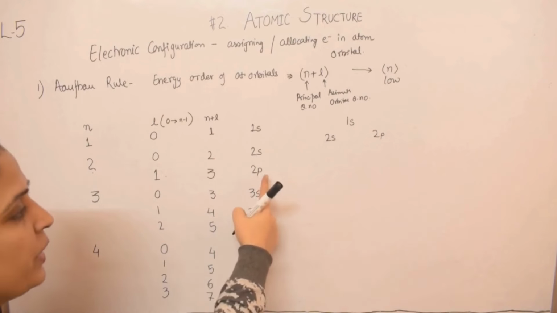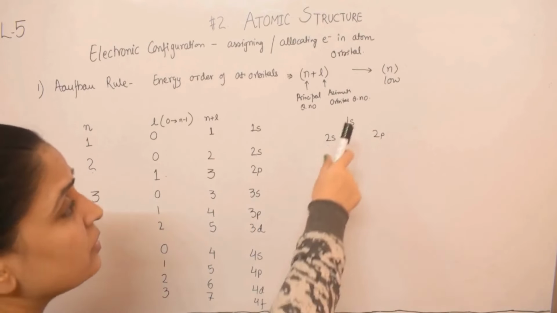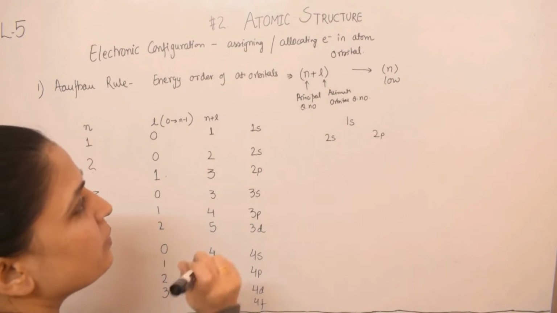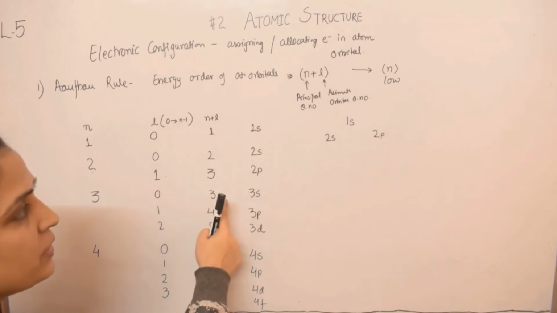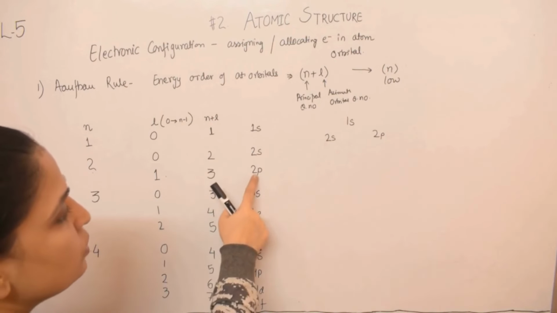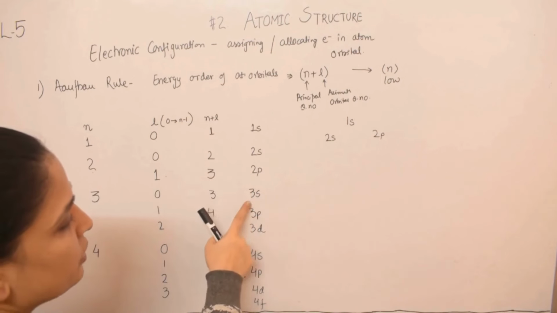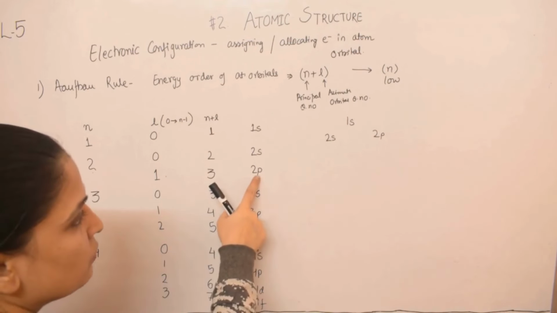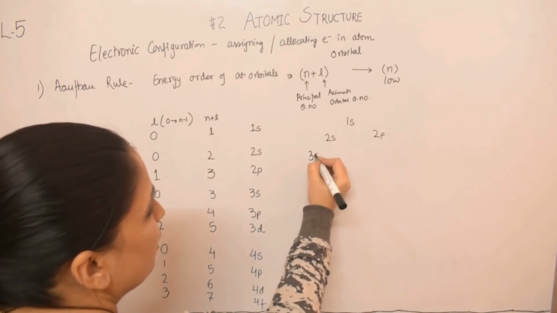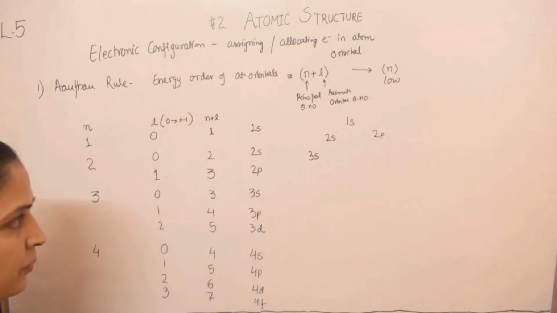It can be 2p, it can be 3s. So here the second rule will come. The first point was the lowest n plus l value. Since the n plus l is the same, next we move to the n values. Since 2p has a smaller n value compared to 3s, this will be filled first and then 3s will come. So I am writing 3s here.